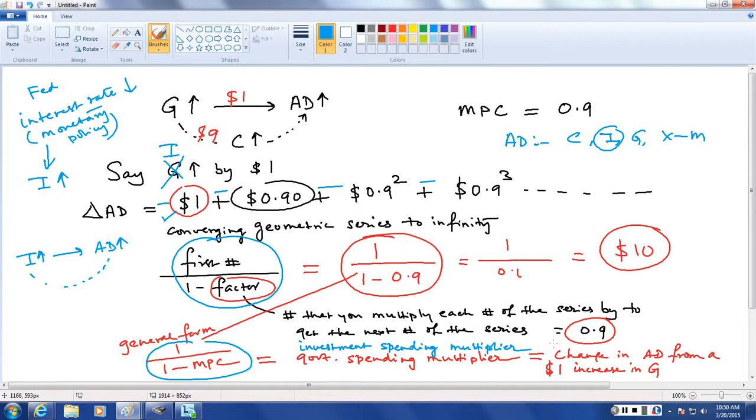You have the same geometric series to inflate. So we have established 3 multipliers so far, right? Government spending multiplier, tax multiplier, and the investment spending multiplier, right? And with that, we will stop here.